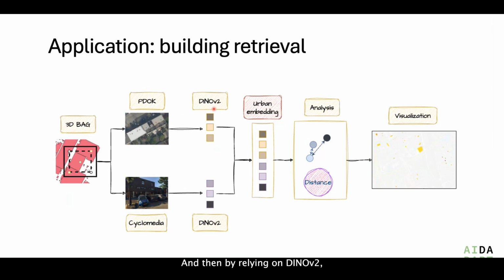And then, relying on DINOv2, we compute embeddings from both aerial images and street view images. We concatenate them, and then we can find similar buildings based on the distance of these embeddings, as I mentioned before. And then we can visualize this geographically. So this will be a second application.